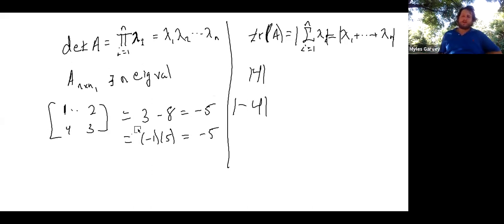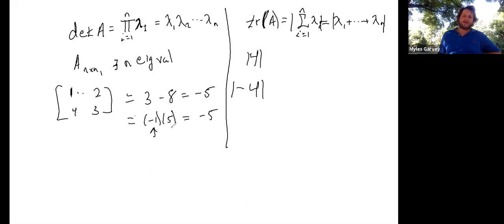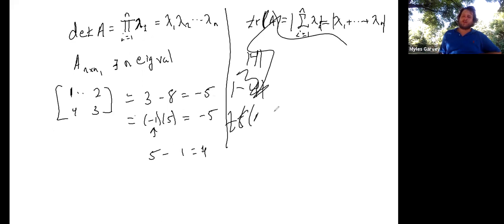Oh, no, I'm not. You see, this is the problem with the non-interactive stuff. I made a mistake. 5 minus 1 is 4. Okay, so ignore everything I said here. The trace of A is the summation of the main diagonal, which is also the property, not the absolute value, just simply, I was right the first time.